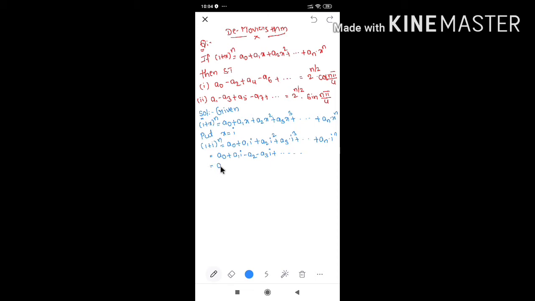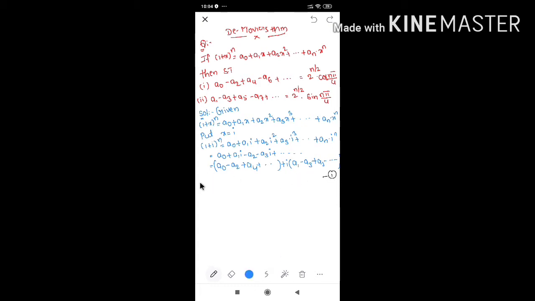So here, independent of i terms, I am writing a0 minus a2 plus a4 plus so on, plus, taking common i, a1 minus a3 plus a5 up to so on. Make it as equation 1.